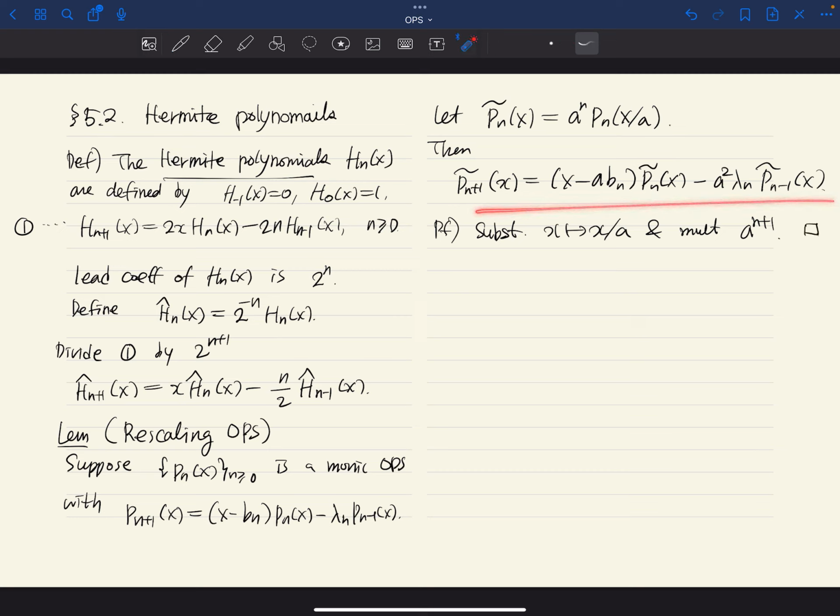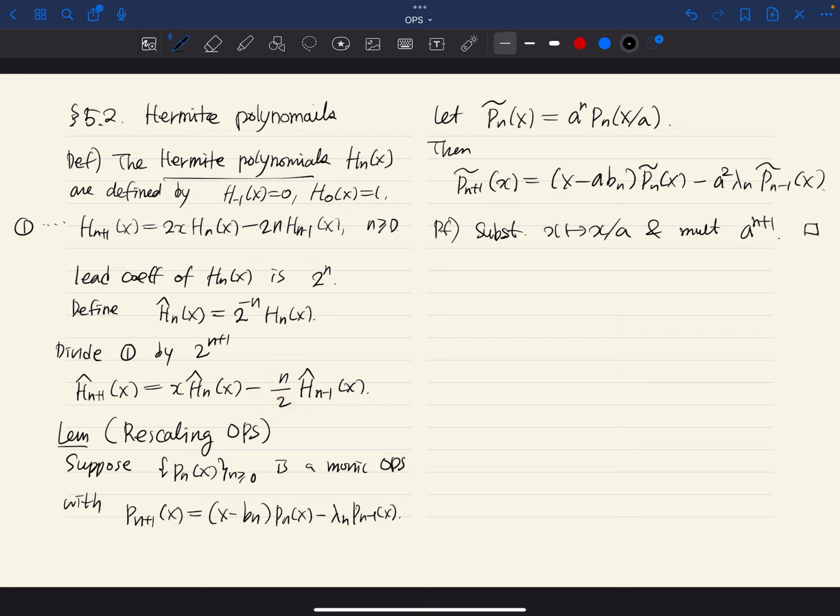So quite easy. Now we want to scale this constant away. Then how should we change the axis? This 1 over 2 must be a squared.